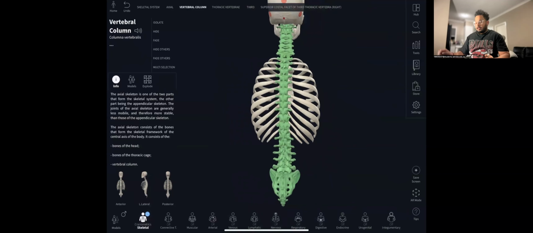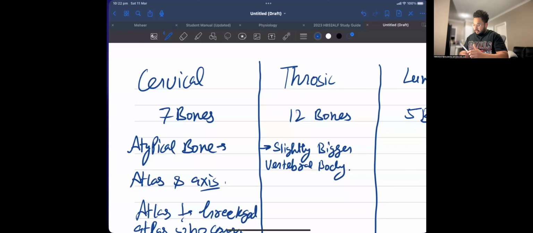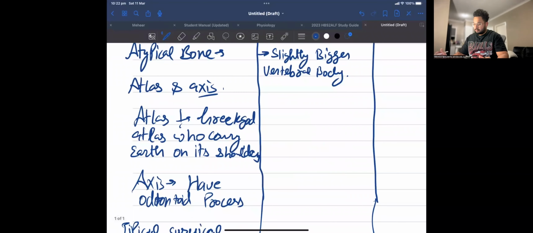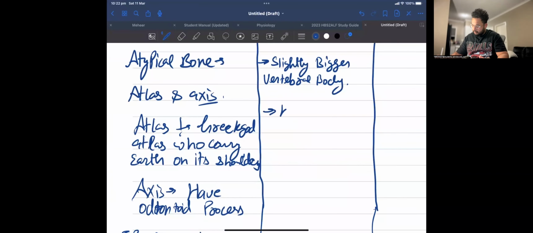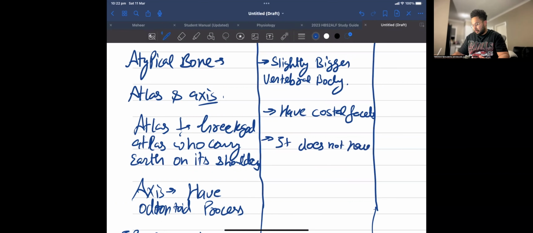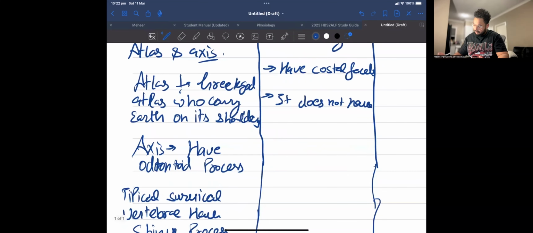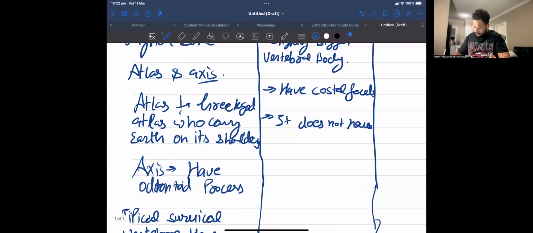Now we will write it down. It has a slightly bigger body and has costal facets. It does not have transverse foramina.